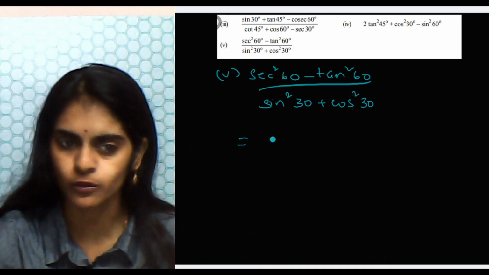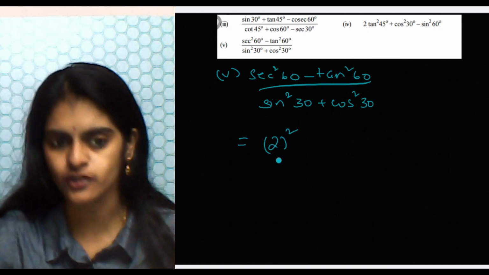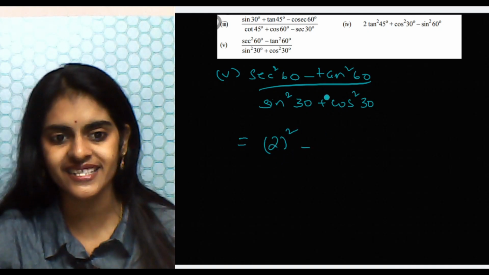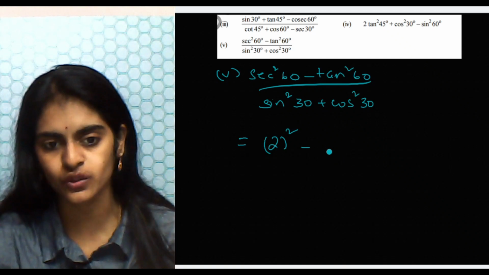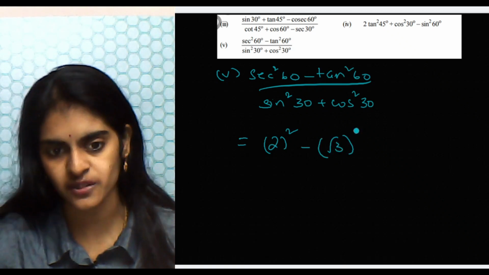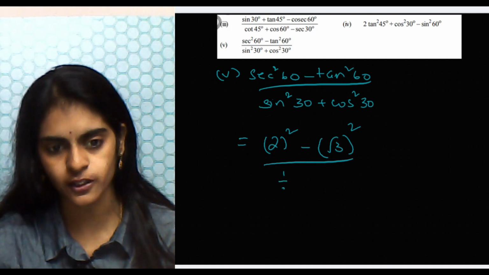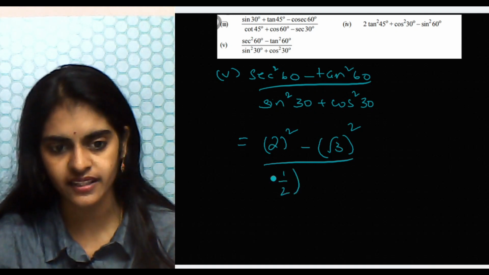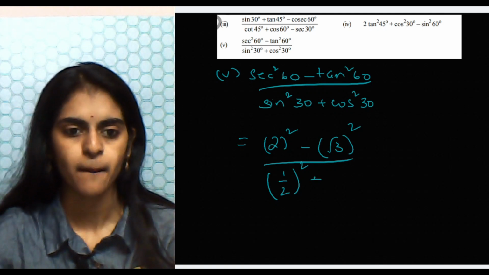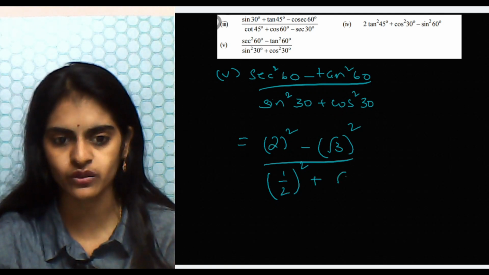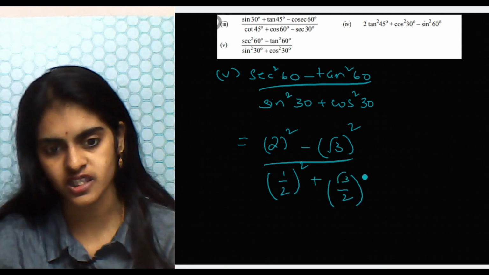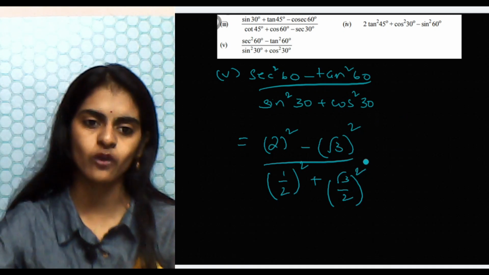But you have sec square, so write it as 2 square minus tan 60 is root 3, but you have tan square 60, so root 3 square, divided by sin 30 is 1 by 2, so sin square is 1 by 2 whole square, plus cos 30 is root 3 by 2, so cos square 30 is root 3 by 2 whole square.